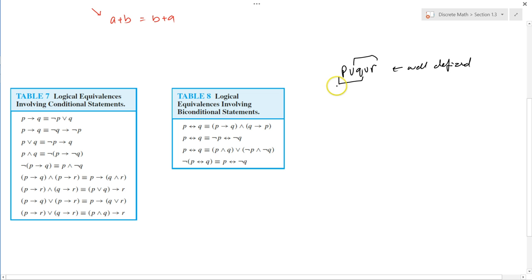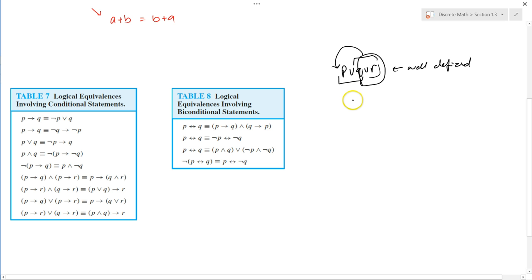If we take the first disjunction and then take the disjunction with R, or we take the second disjunction first and then take the disjunction with P, the values are going to be the same.